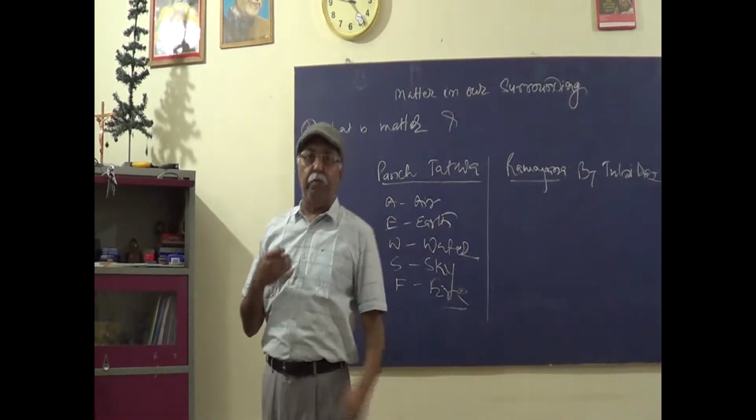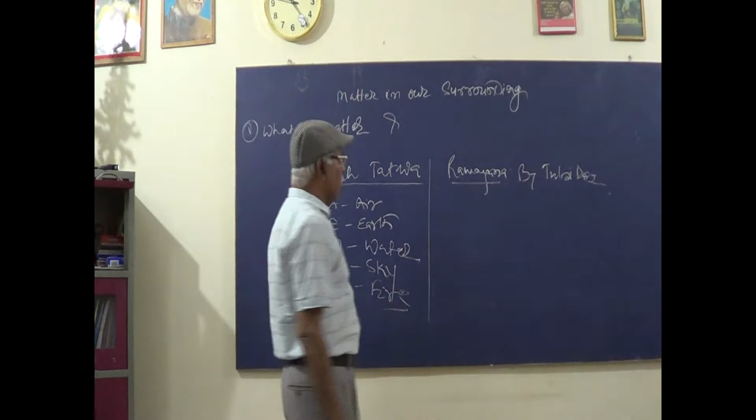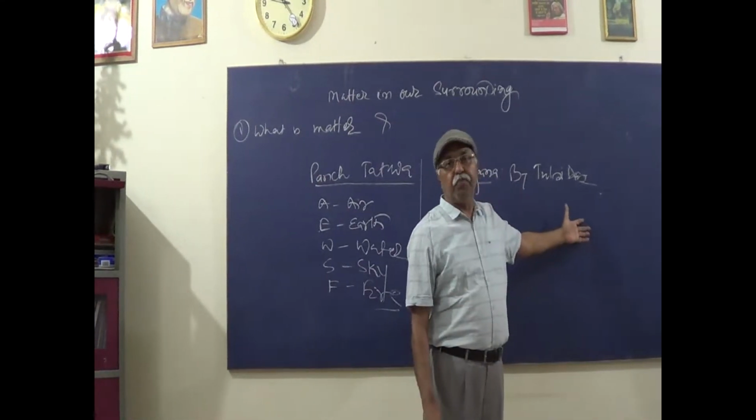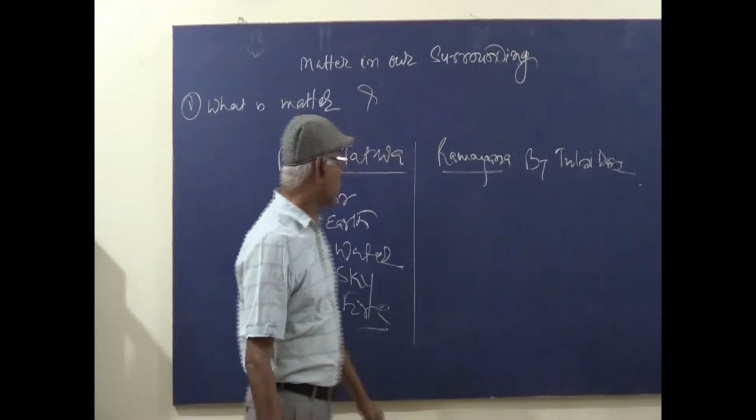Our body is also made out of 5 basic elements. It was written in the Ramayana, a religious epic of the Hindus.